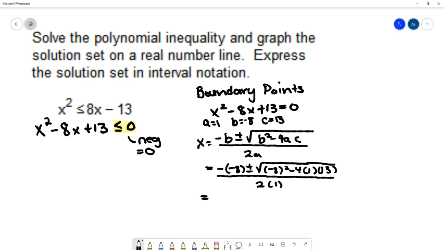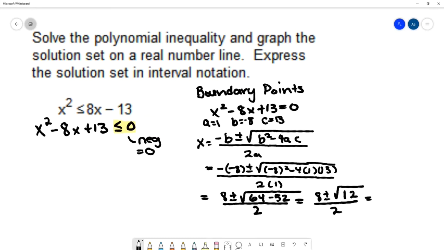We'll simplify. Negative 8 is a positive 8. Negative 8 squared is 64. 4 times 13 is 52, and that's a minus 52, all over 2. 64 minus 52 would give me a 12 underneath the radical. 12 is the same thing as 4 times 3, and I can take the square root of 4.